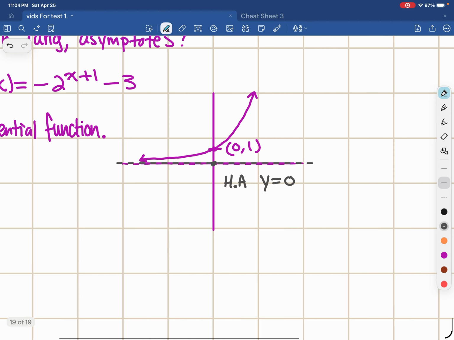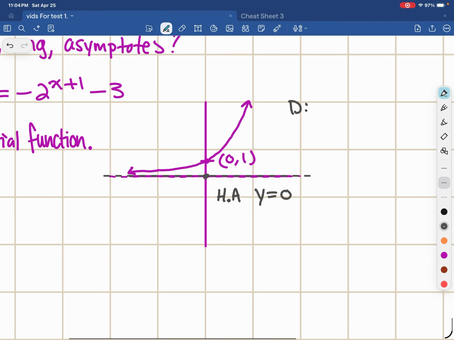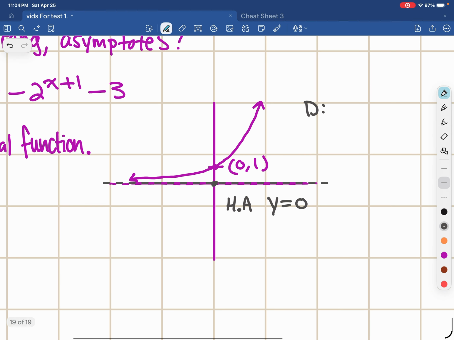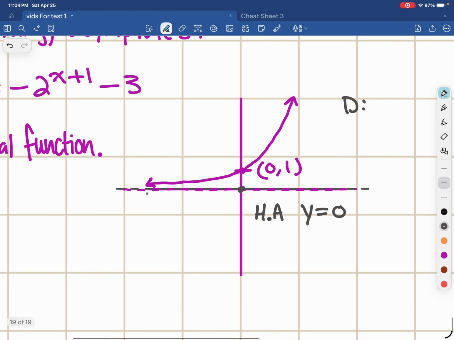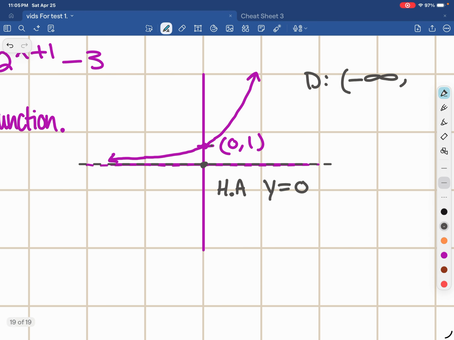And then we can also feel free to write our domain and range of this. So domain, right, we're looking at all x values. X is obviously right here, and it's going to be approaching negative infinity. And you also see x on the other side of the graph always approach positive infinity.